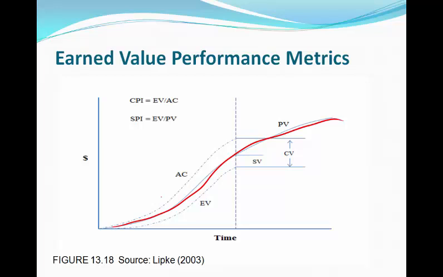Your actual cost is the actual money you're spending on the project over time, and earned value is the actual value you're gaining out of the work you've done. So you can think of earned value as, if you're building a house and you're spending money on building the house, and for whatever reason you have to quit the job halfway, and then you'd get an appraiser to come in and appraise the value of the house when it's halfway completed.